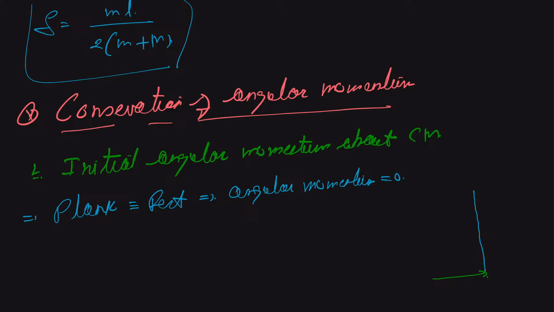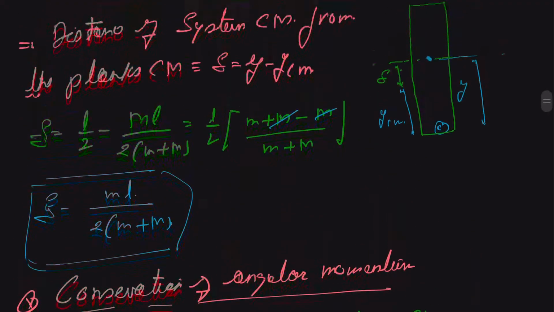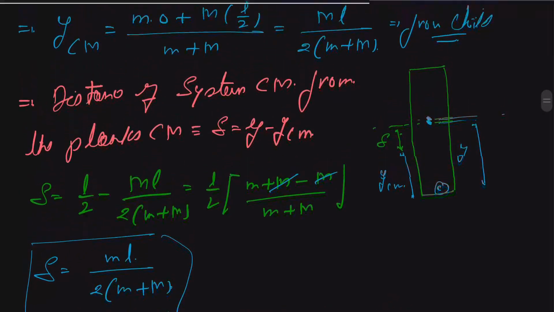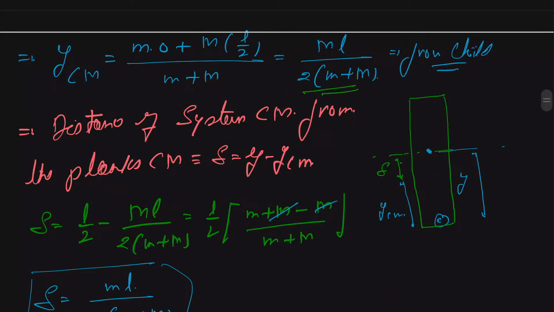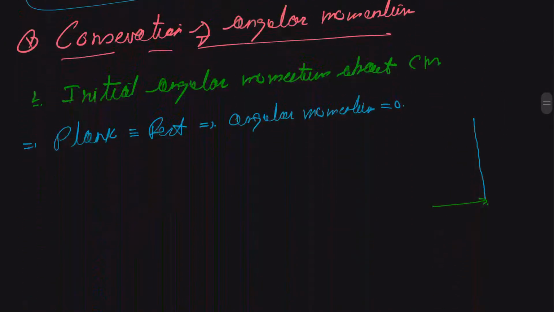Therefore, YCM we already know, so we can find the child's initial angular momentum. We already calculated our YCM, which is ml upon 2(m plus capital M).